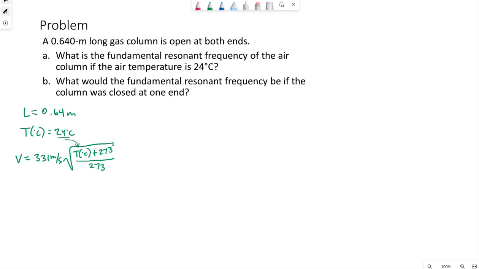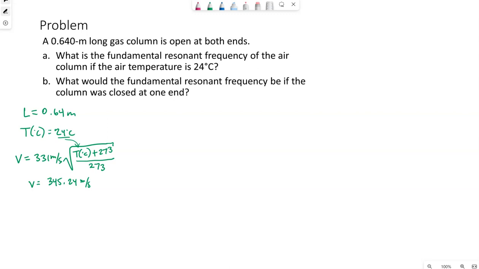So plugging this temperature in, that will give us the speed of sound. So 24... 345. And again, I'm going to keep a couple digits past that because this is not a final answer.